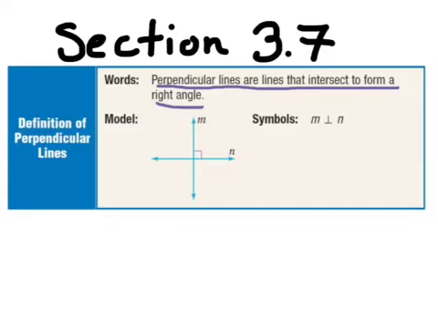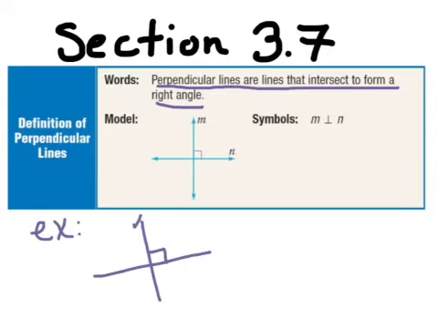Remember that lines could also be notated with capital letters, so we could also have another representation such as two lines intersecting, again, forming a right angle.